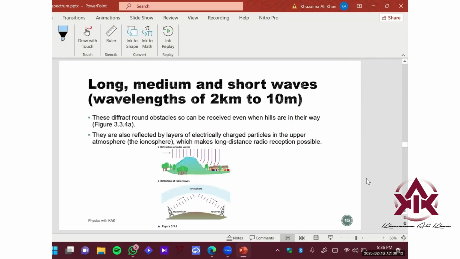So we have the first type of radio wave, called long, medium, and short wave. We're talking about radio waves here.